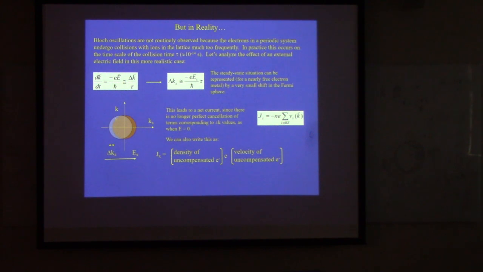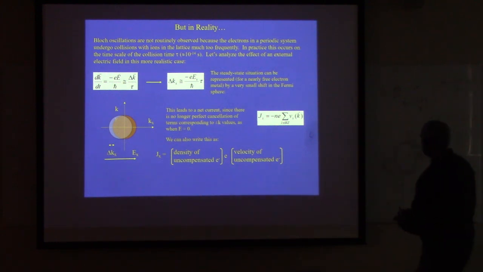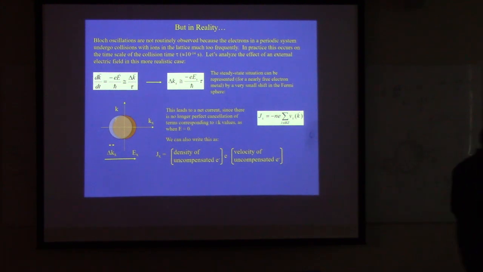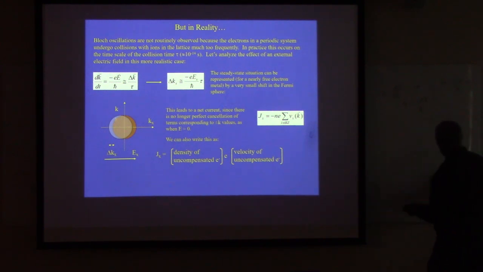So now let's quickly calculate the electrical conductivity coming from this movement of the Fermi surface. In this one, what is the total current?